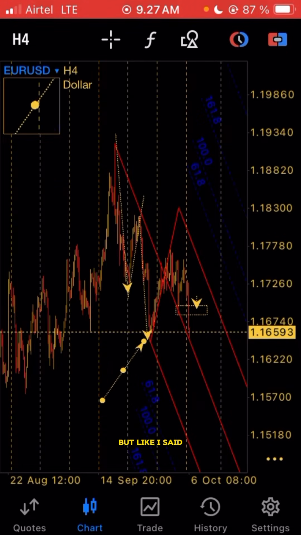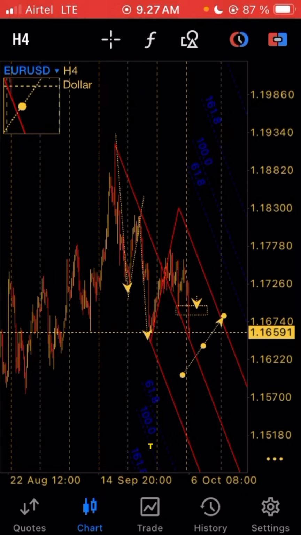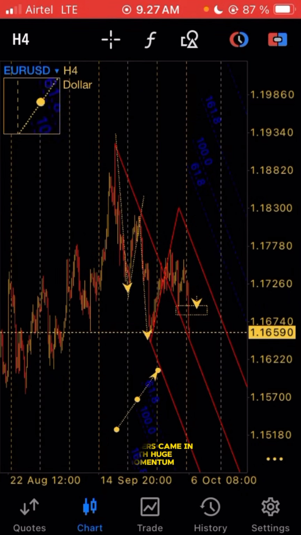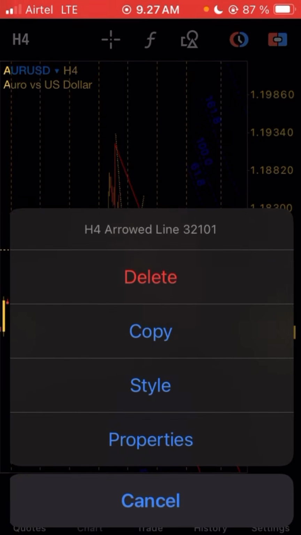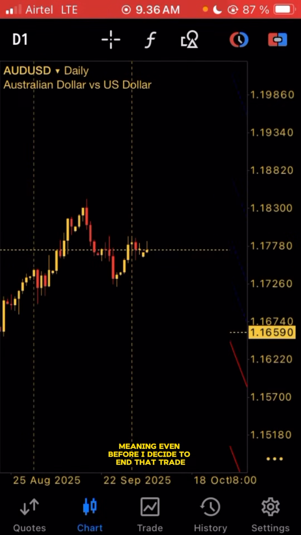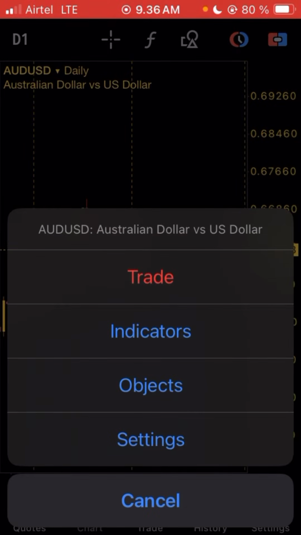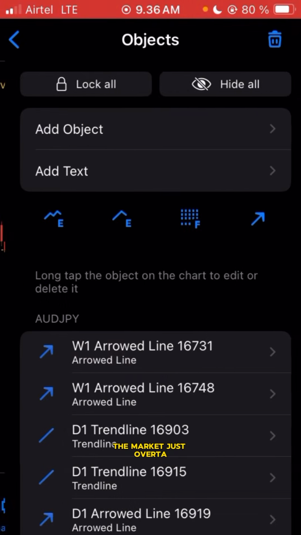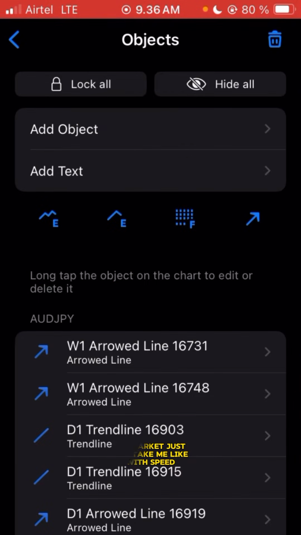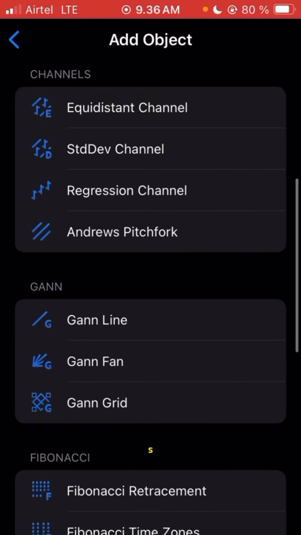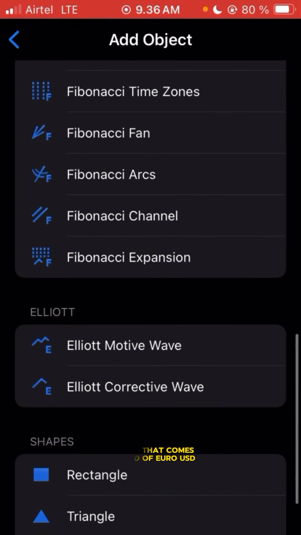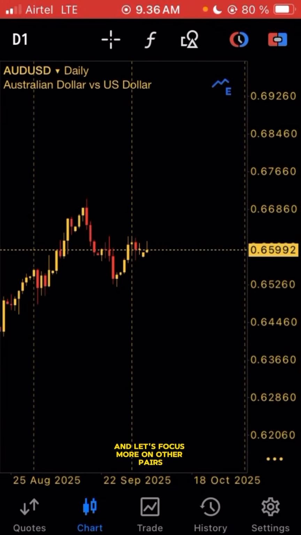But like I said before, I'm not going to hold this trade. But the reason why I held was because if you see the momentum, the sellers came in with huge momentum, and it even passed my TP, meaning even before I decide to end that trade, the market just overtook me with speed. So with that comes the end of EUR/USD.